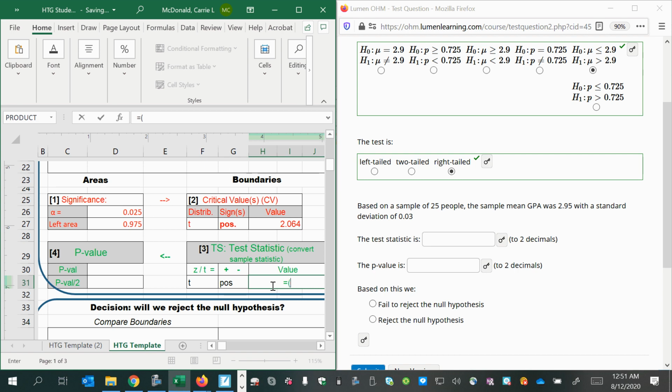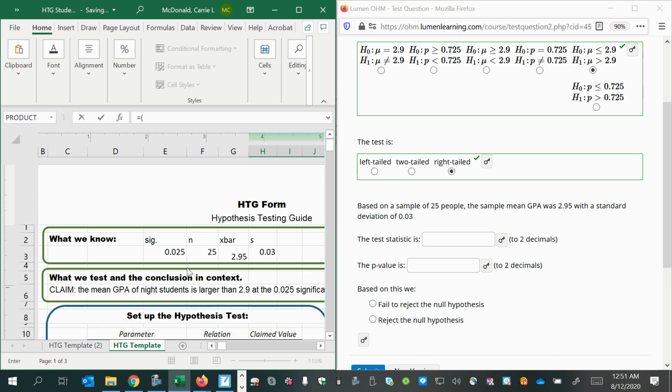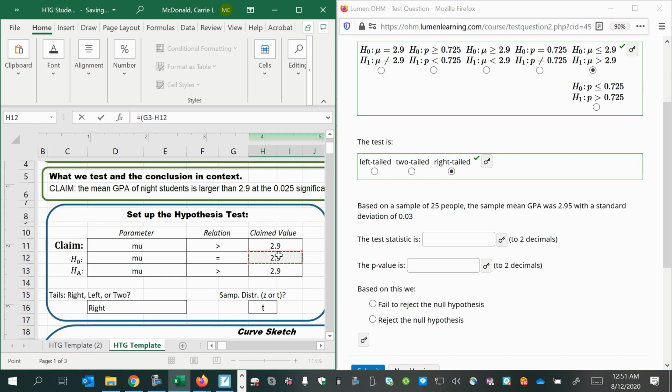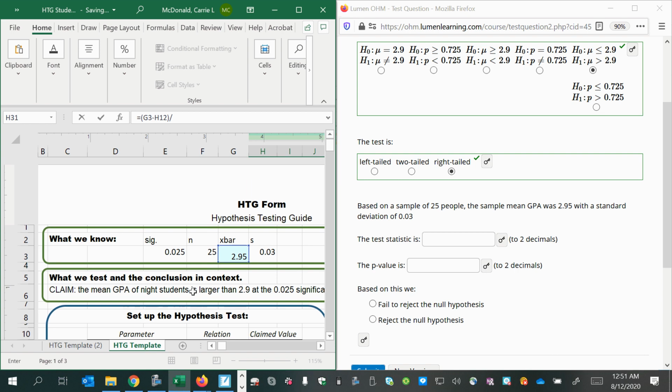My test statistic is just like a z-score for the central limit theorem, except it's a t-score, because we're using the sample standard deviation. We take our sample mean x bar and subtract the claimed population mean 2.9, because we're doing this under the assumption that the null hypothesis is true. Then we divide that by the standard error. The standard error is your s divided by the square root of n.